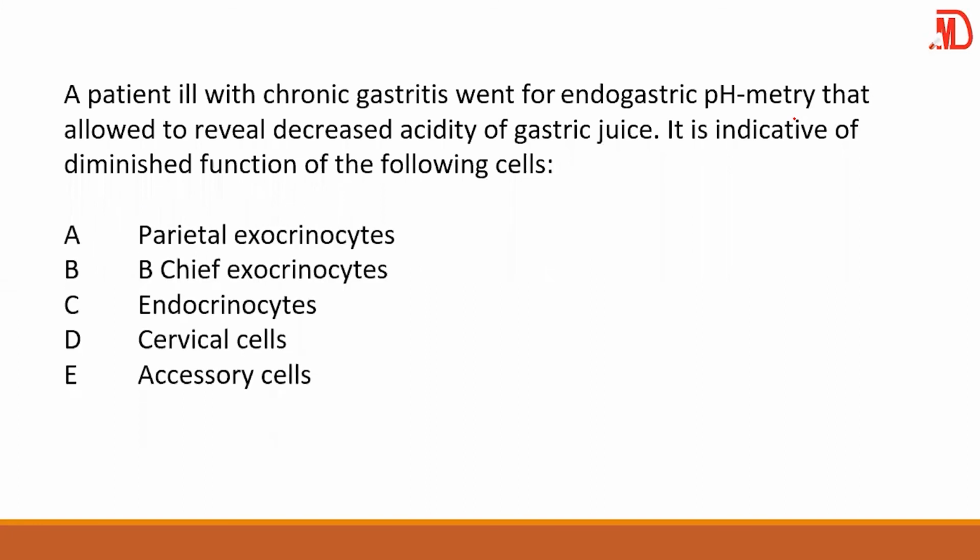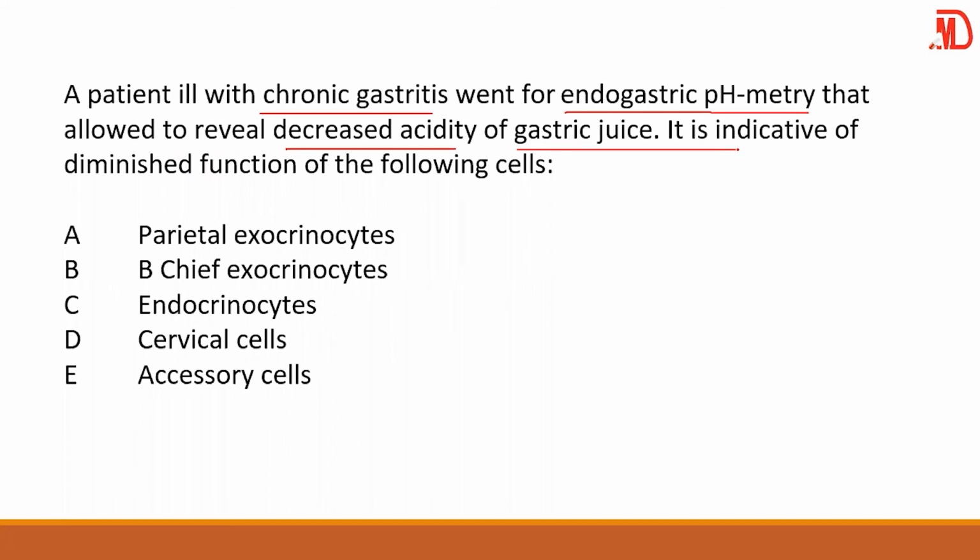Again, look at this. A patient is ill with a chronic gastritis. Endogastric pH-metry allowed to reveal decreased acidity of gastric juice. So again, what produces gastric juice? Your answer is, of course, parietal cells.